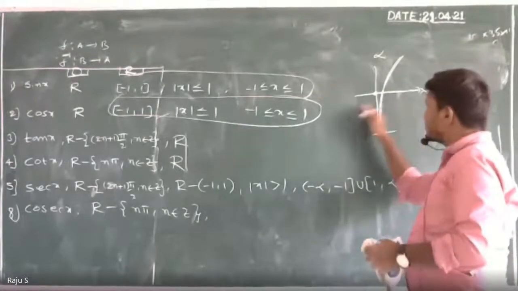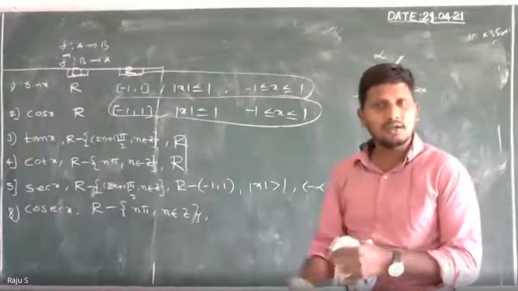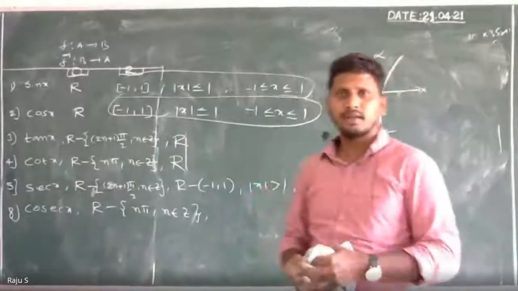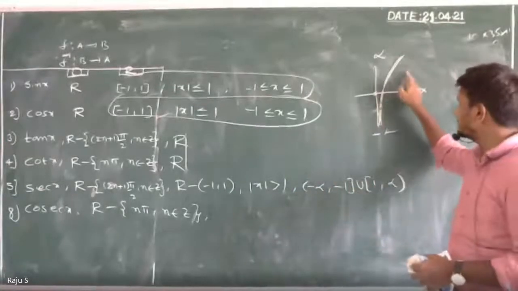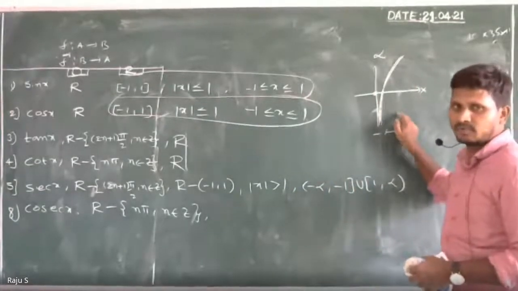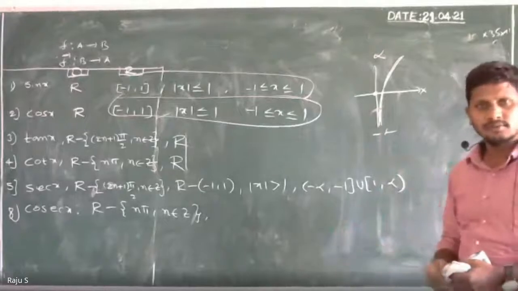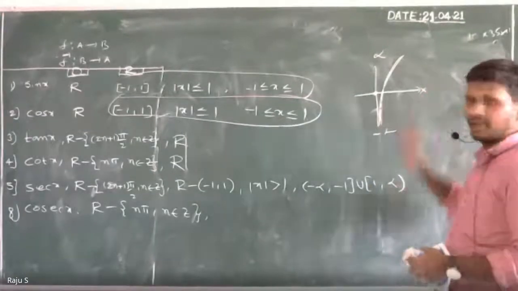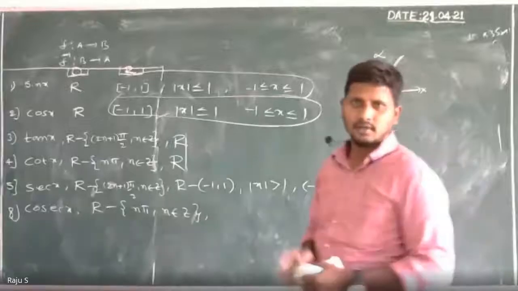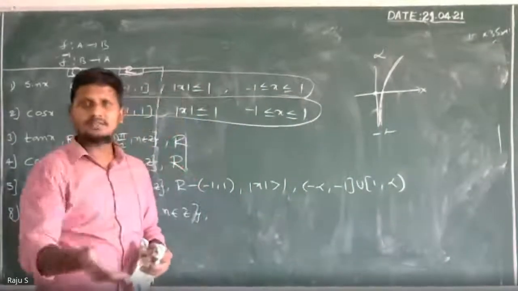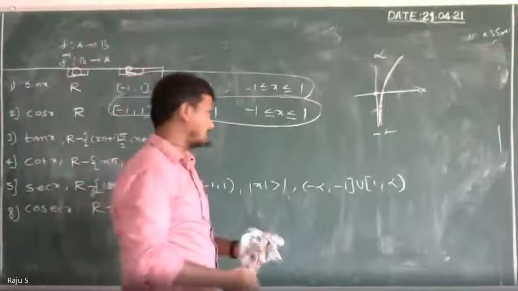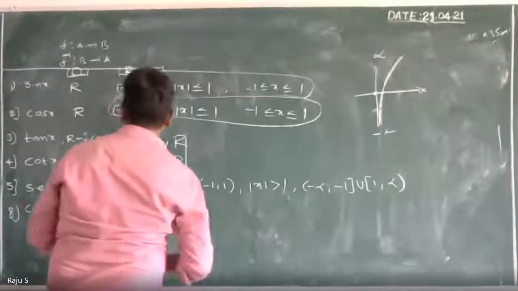The graph does not exist in the second quadrant or third quadrant. Input should not be negative. The graph exists in the first and fourth quadrants. X is positive. Input is x values, output is y values. Remember that. Domain is always on the x-axis, and the range lies on the y-axis. I hope everyone remembers.